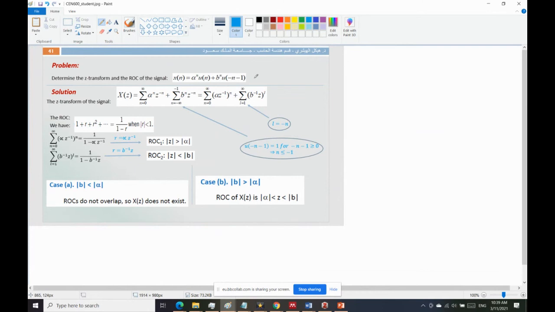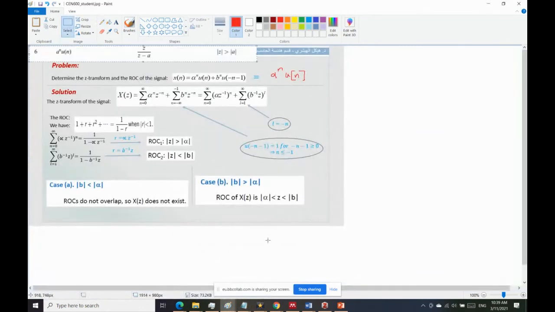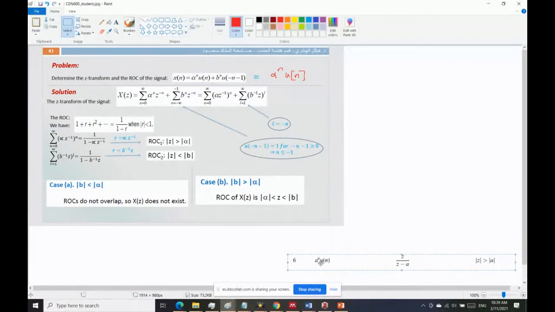Okay. So the first part is very easy breezy, my dear, because it's basically alpha to the n times u[n]. And again, the same rule, number 6, we can use it. No problem. We can use the same rule for alpha to the n u[n].